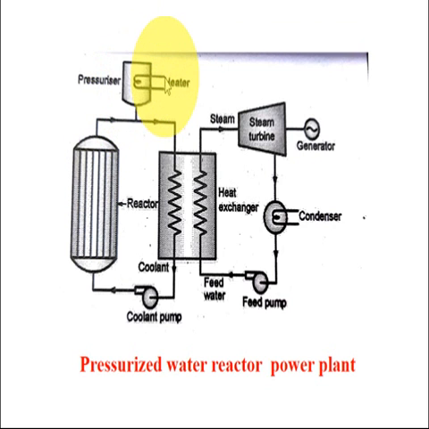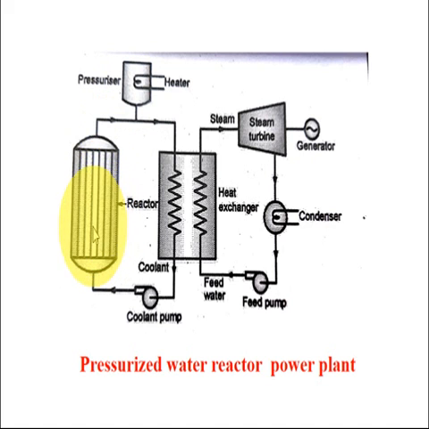When the pressure decreases, electrical heaters create steam, and that steam maintains the pressure in the reactor and also maintains high pressure. That's why this reactor is called pressurized water reactor.